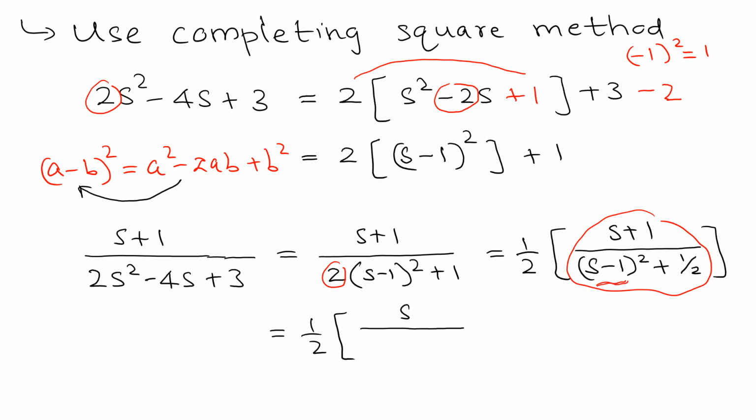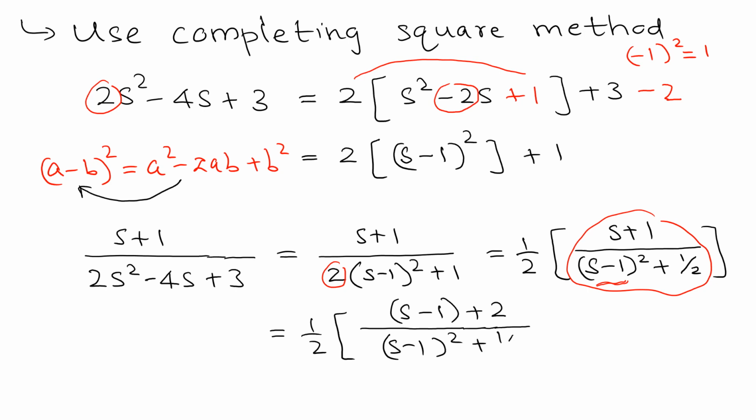Since it is s minus 1, you try to recreate s minus 1 in the numerator as well. So we write this as s minus 1. Since you subtract 1, you have to add 1. So it's going to be plus 2, not plus 1, because you subtract 1 and add 1 in the numerator.